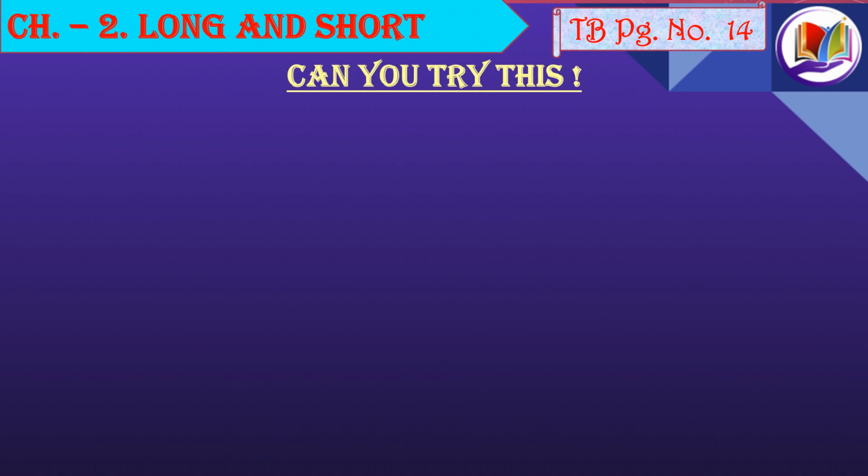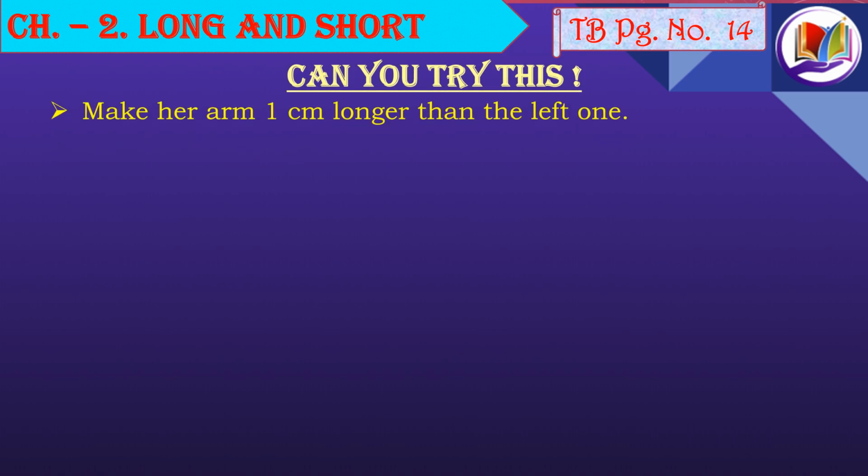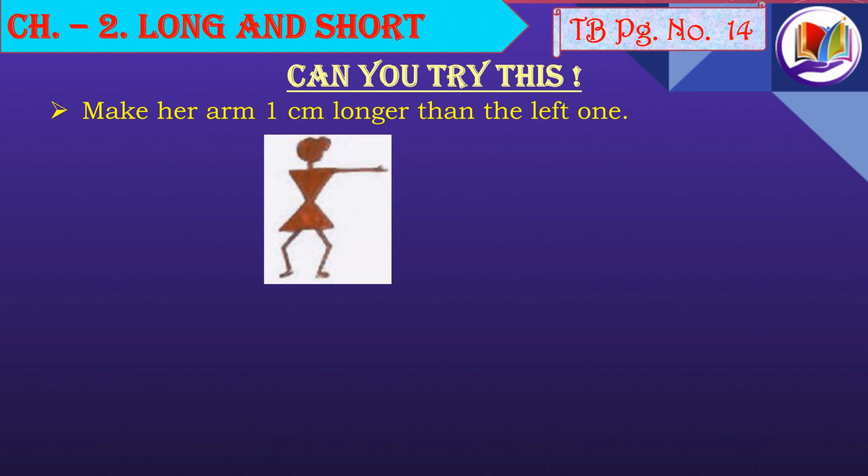Now children, let's do some interesting activity here. Here we have some pictures and we have been asked to do something special about each one of them. So let's have a look. Make her right arm 1 centimeter longer than the left one. That is, we have to draw the right arm of the girl 1 centimeter longer than the left one.